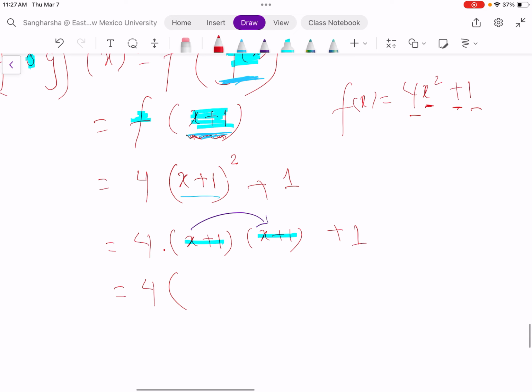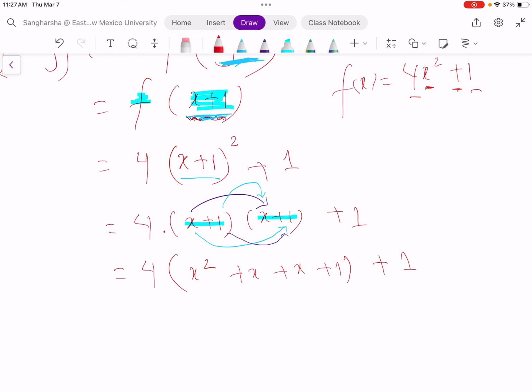Make sure you have the parentheses. X times x, we have x squared. We multiply outside terms x times 1, that is positive x. You multiply inside terms 1 times x, you get x, and you multiply last terms 1 times 1, we get positive 1, and plus 1.